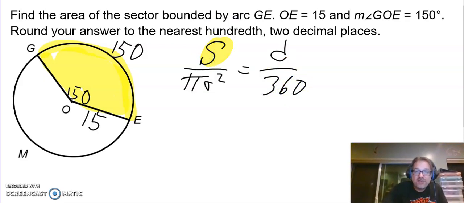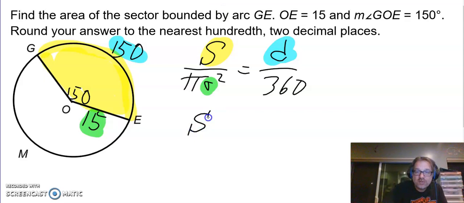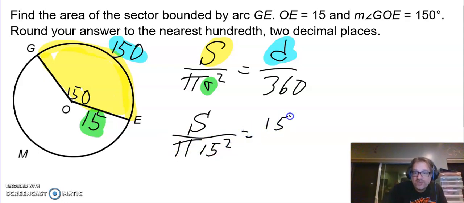To find the area of this circle, we need the length of the radius, which is 15, and then I need to know the measure of the arc in degrees, which is going to be 150. So let's fill everything in. S, that's what I'm looking for, I don't know what it is, over pi times 15 squared, and that's going to equal 150 over 360.